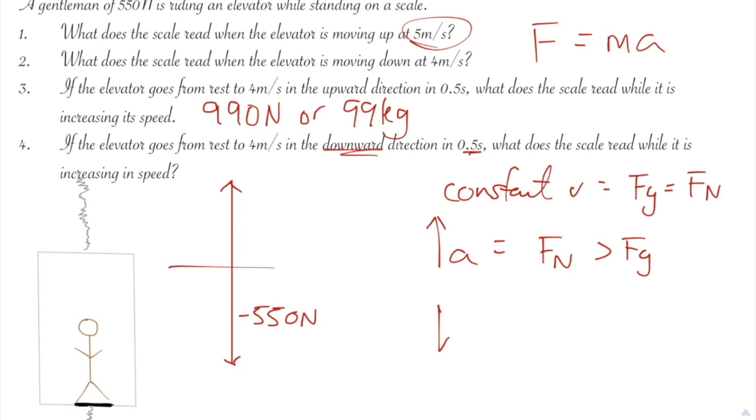And lastly, if it is accelerating in the downward direction, then the normal force is less than the force of gravity. And that's because of the split amount of time that the scale is either pushing on the man or literally leaving the man's foot. And so hopefully that makes a little more sense to you as far as the concepts of elevator questions.